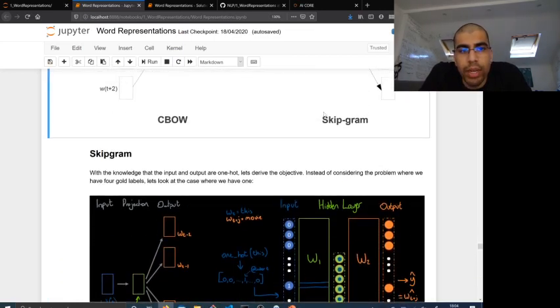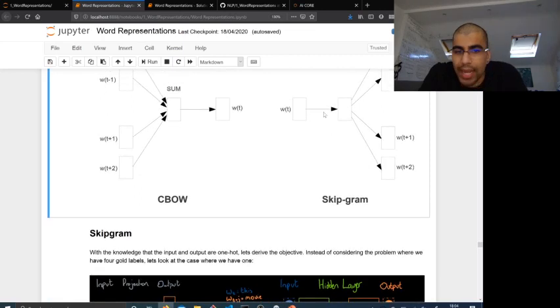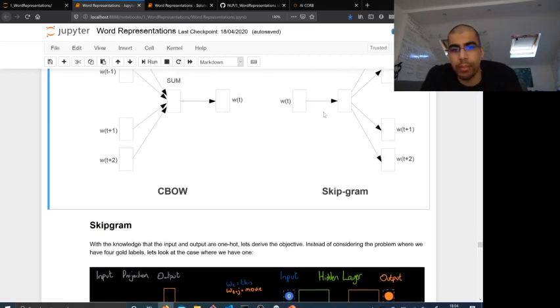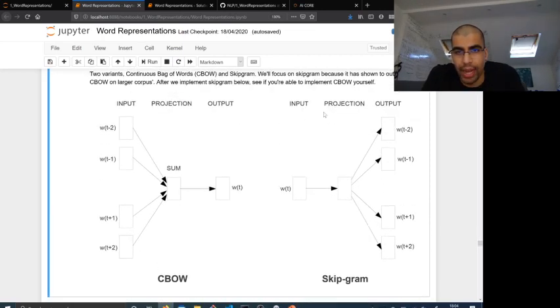I'm going to tell you that the input and output are going to be one hot. So WT is input to this skipgram model as a one hot vector, and the output, the target that we try to obtain, is also going to be a one hot vector.